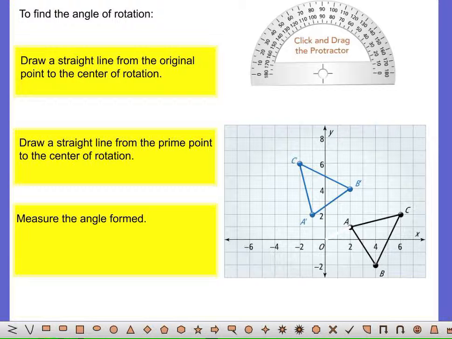Let me change colors so you can see that better. Then we're going to draw a straight line from the point of origin to A prime. Then we're going to measure the angle formed.